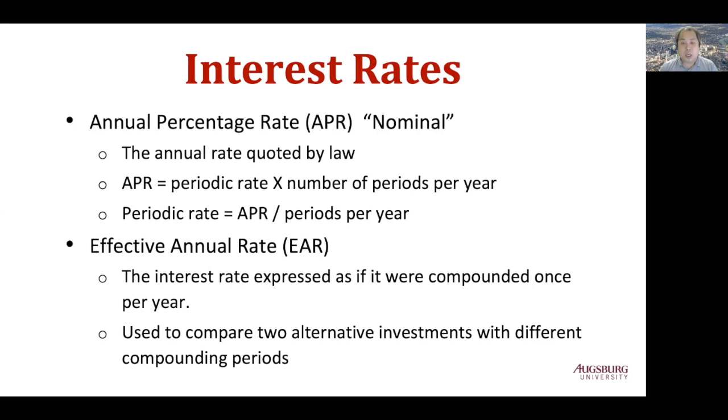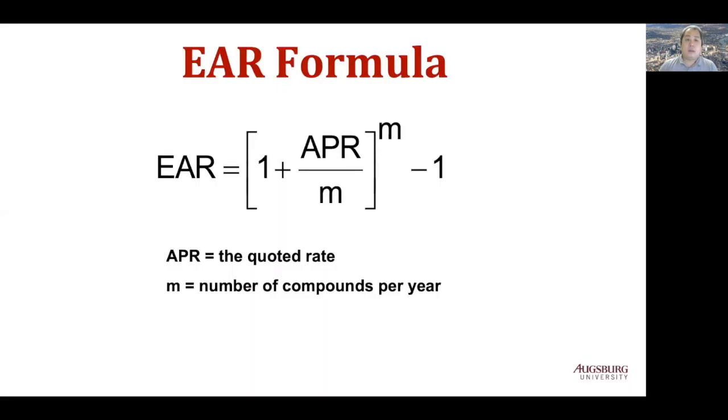So we change everything to the once-per-year compounding rate. You can use these EARs to compare alternative investments with different compounding periods. So the formula: EAR equals 1 plus APR, the annual rate, divided by the number of compounds per year, m, where semi-annual is 2, monthly 12, daily 365, to the power m, minus 1. That's the EAR formula.